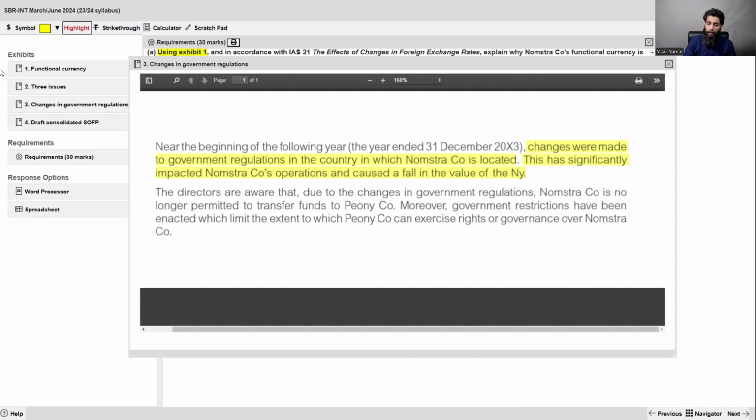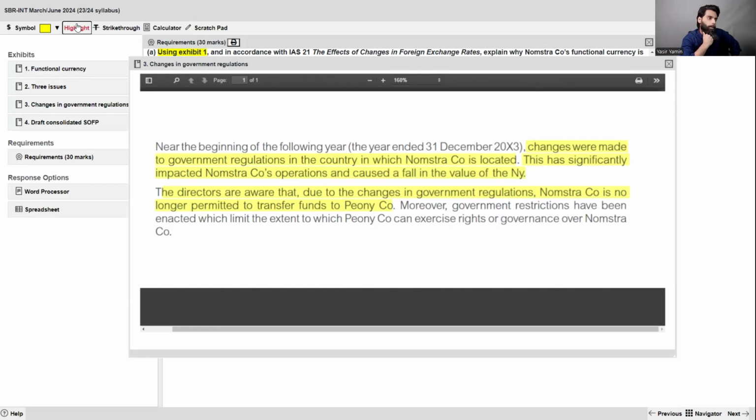Examiner says the directors are aware that due to the changes in government regulations, Nomstra company is no longer permitted to transfer funds to Peony company. Now, you see, there has been a change of government regulation, and due to that change, the government has, maybe for a time being, barred from remitting or repatriating any dividends to your parent company.